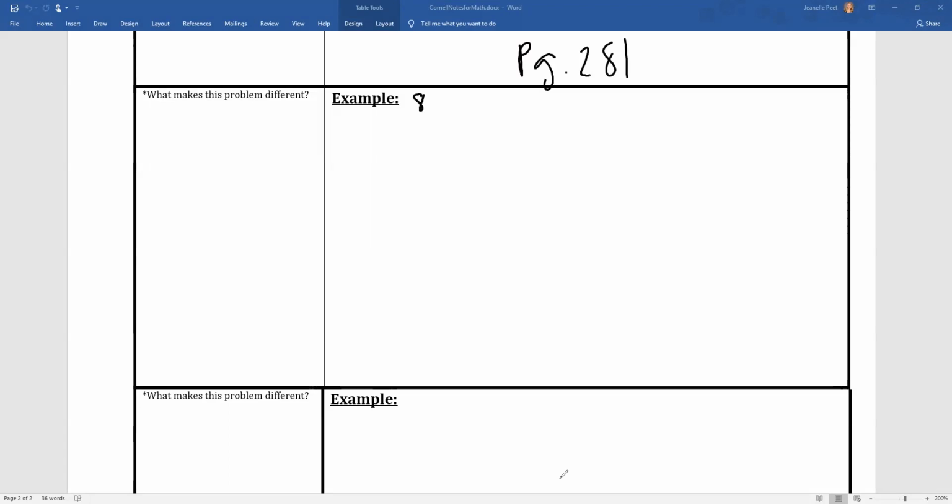Okay. So the restaurant bill was about $20.